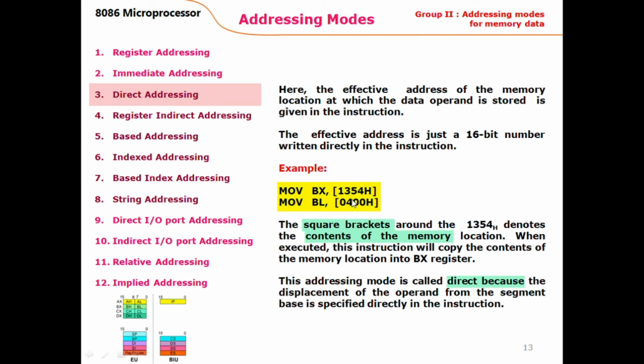The start of the data segment is accessed by taking the 16-bit value from the data segment register, shifting left by 1 hexadecimal place, and adding this displacement to that value, which gives us the physical address from where 2 bytes of data have to be transferred to the BX register in this example, and 1 byte to the BL register.